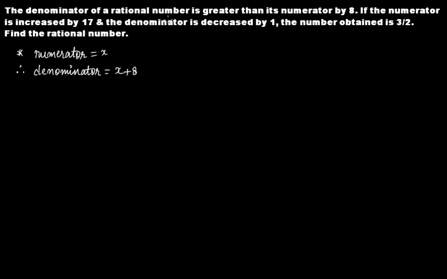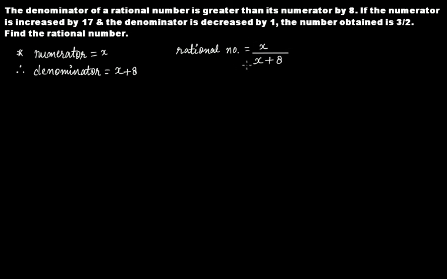It's given here that it is greater than the numerator by 8. Therefore, your rational number will be x by x plus 8. If the numerator is increased by 17 and the denominator is decreased by 1, the number obtained is 3/2.